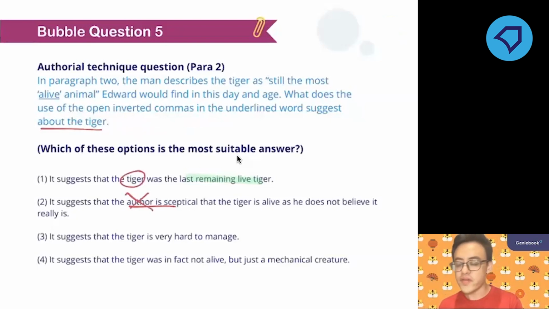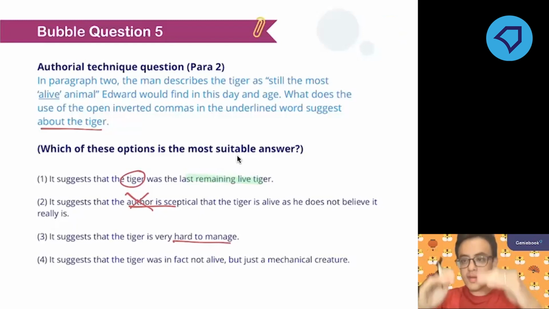It suggests that the tiger is very hard to manage. Now, the word alive could mean that the tiger is very lively, very energetic. But when we read the whole story, we know that this word alive is not referring to how energetic or how lively this tiger is. If something is energetic or lively, it can be very hard to take care of.